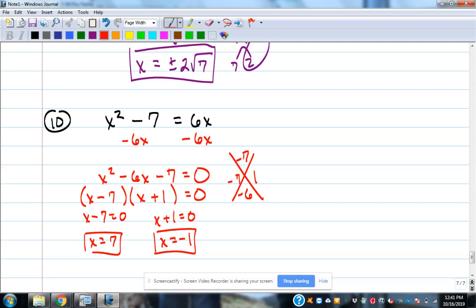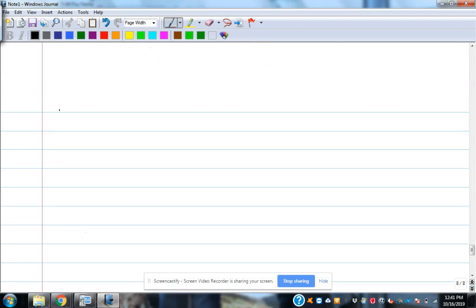Okay, let's look at one more that is kind of, well, a little bit on the strange side maybe. X squared plus 12x plus 3 is equal to 7. Number 11.